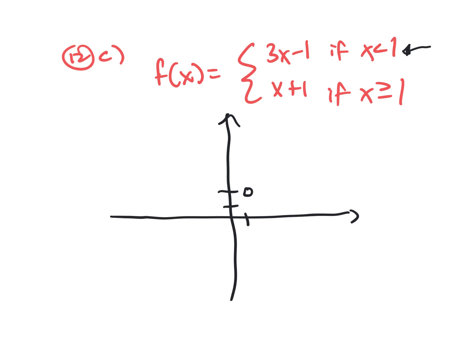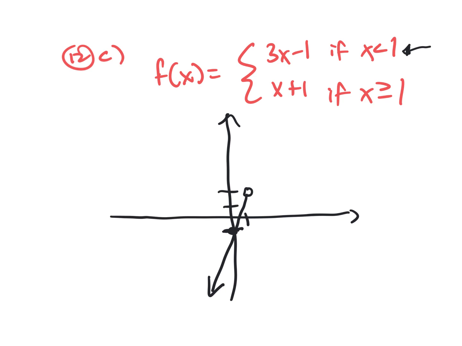So let's find another value to plug in for x that's less than 1. I would do 0. 3 times 0 is 0. Minus 1 is minus 1. And so the first piece is this line. And again, it's really important to plug that restriction in because it's the line that goes all the way up to x being 1, but doesn't include it. So hence the open circle.